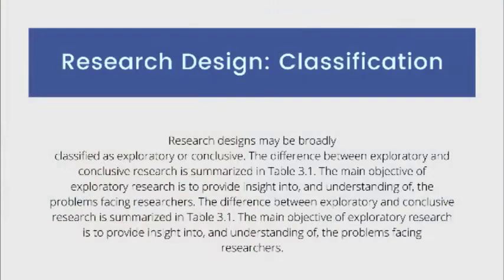Research design may be broadly classified as exploratory or conclusive. The difference between exploratory and conclusive research is summarized in Table 3.1. The main objective of exploratory research is to provide insight into and understanding of the problems facing researchers.